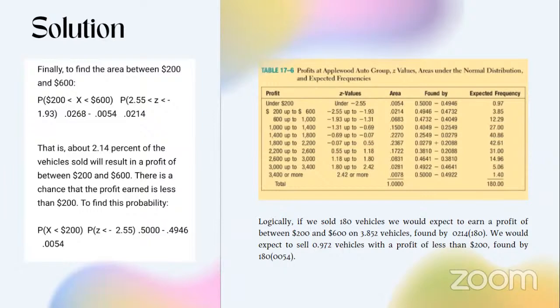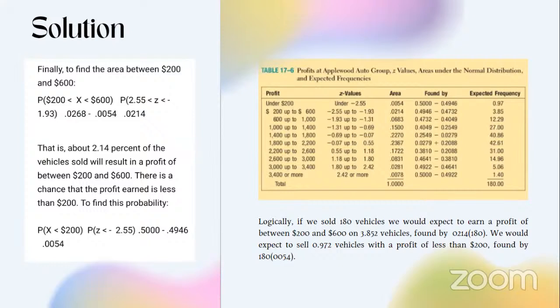For the profits at Applewood Auto Group, the values, areas under the normal distribution and expected frequencies, we can see on table 17.6.